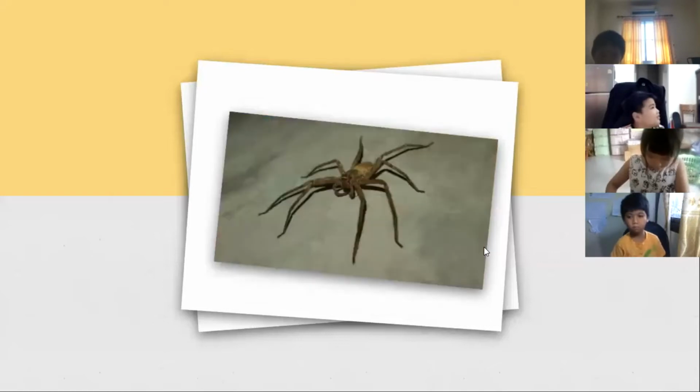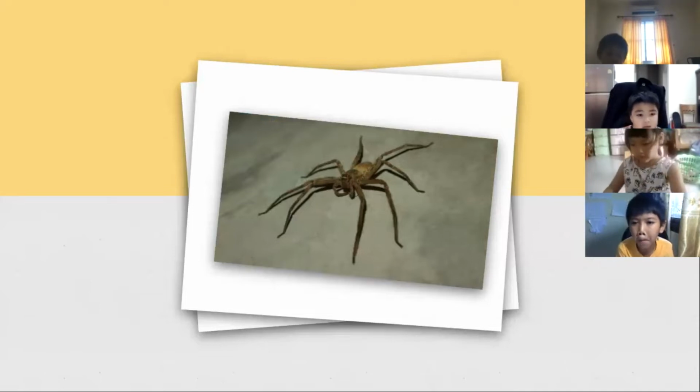Next, what is this? Bird. Where does the bird live? You're not listening. Listen to the question. Where does the bird live? The birds live on the trees. Okay. Next, what is this?